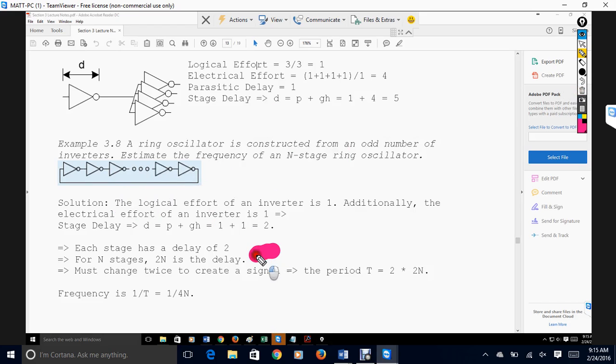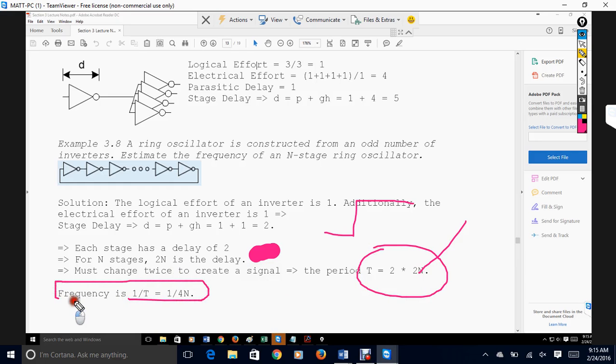That became 2n. It changes twice to create a signal. Then for the frequency you have to do 1 over that, so we multiply 2 by 2n to get 4n, and then from there we get the frequency.